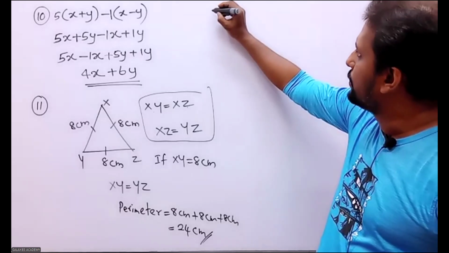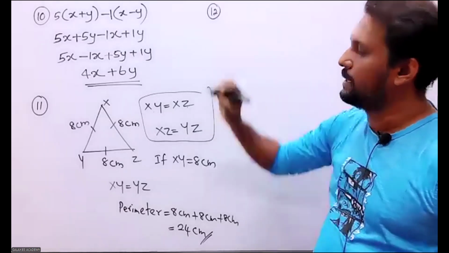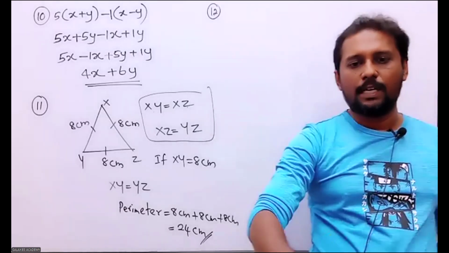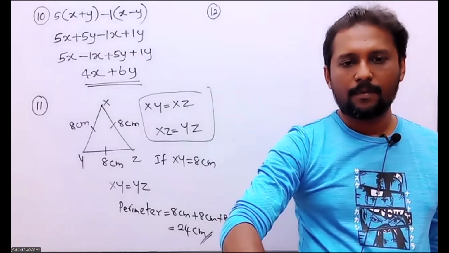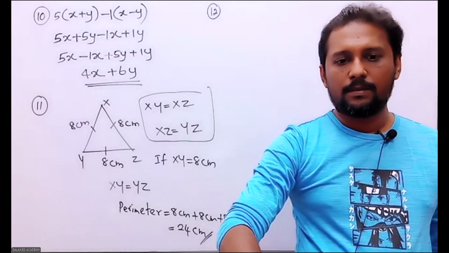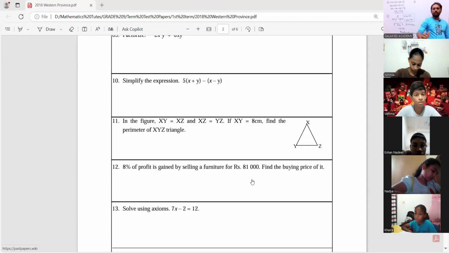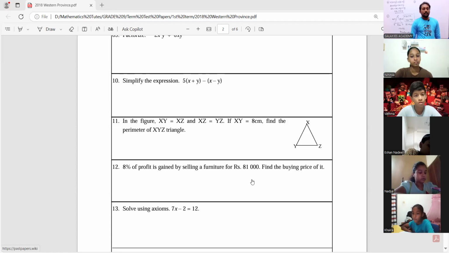Then let's go to the 12th question of this paper, right? 12th question. Right, what is the 12th question? Again given from the percentage lesson. 8% of profit is gained by selling a furniture for 81,000 rupees. Find the buying price of it.